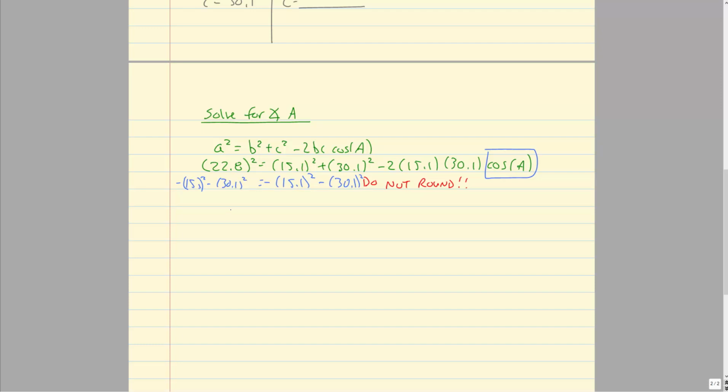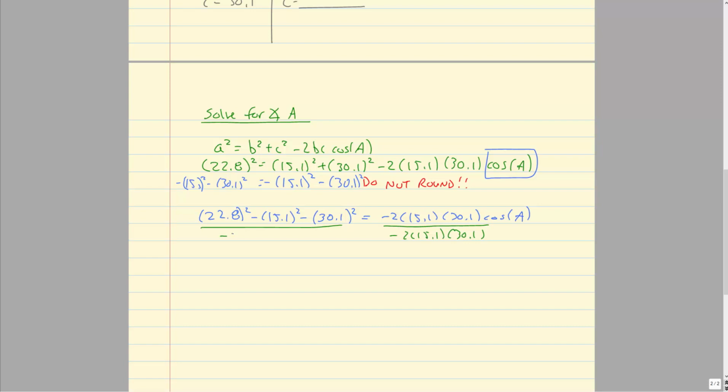So what I end up with right here would be 22.8 squared minus 15.1 quantity squared minus 30.1 quantity squared equals negative 2 times 15.1 times 30.1 cosine of angle A. Now if I want to solve for cosine of angle A, I need to divide both sides through by all of this.